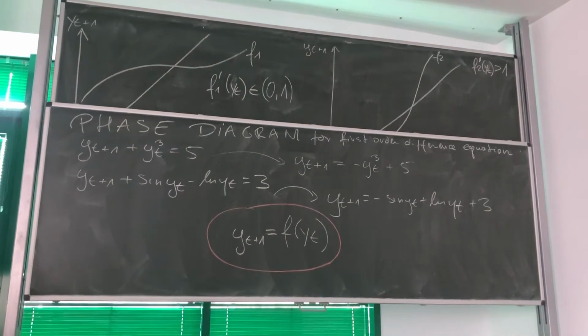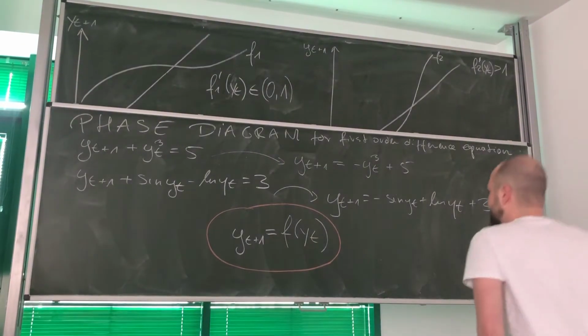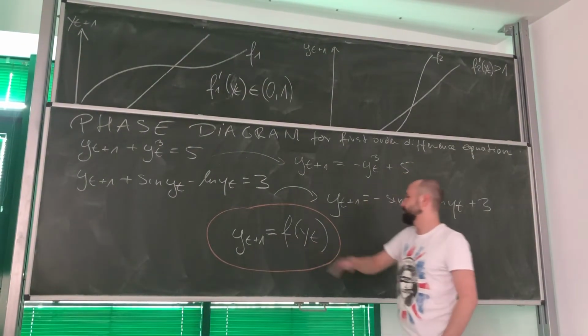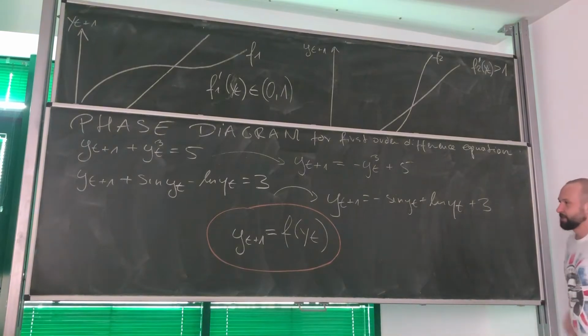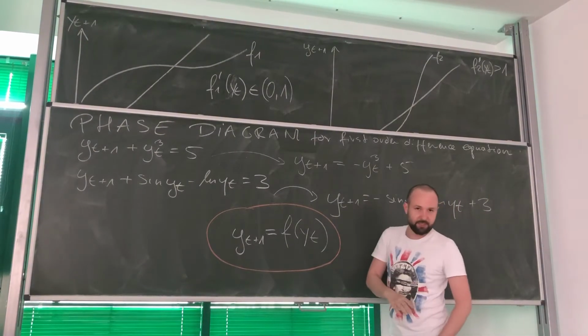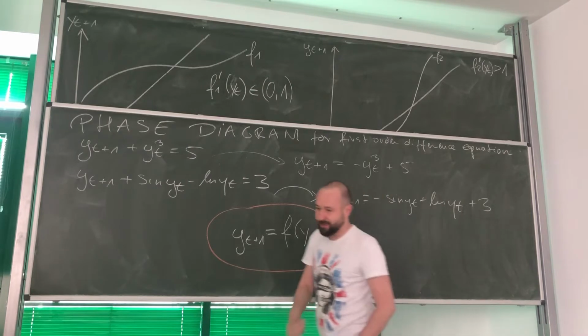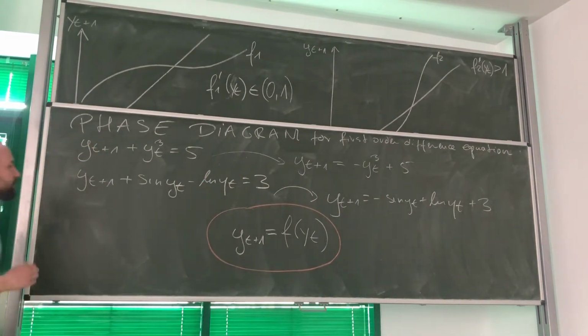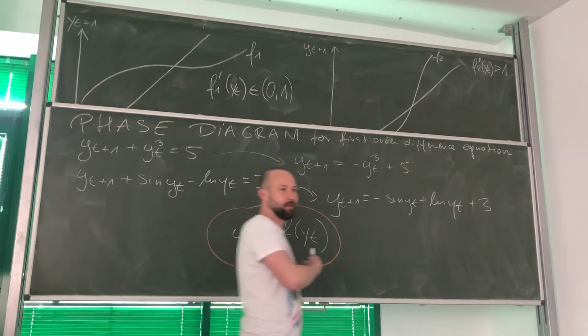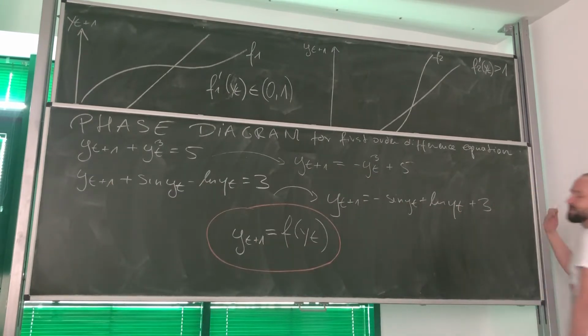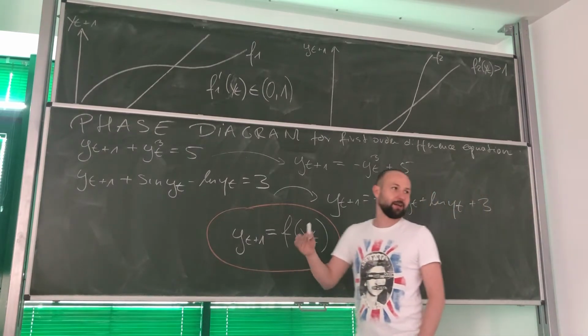And look, in this form, yt plus 1 equals f of yt. So this is a very similar situation to the one we had when we were dealing with differential equations. On one hand, we had derivative, and this derivative was expressed as a function of the variable alone.